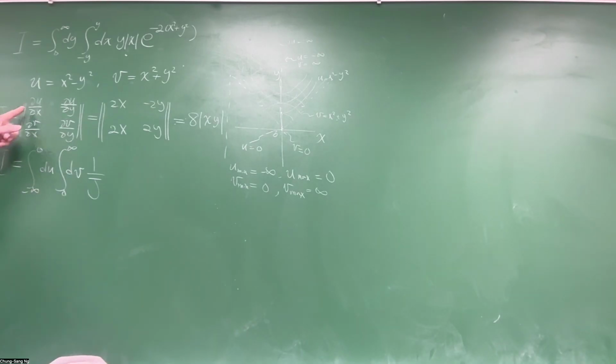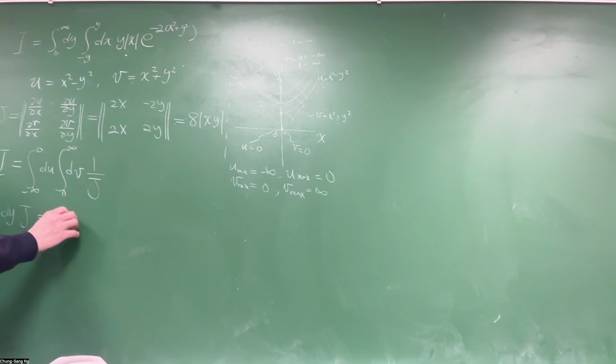So this Jacobian we define as this matrix, and we have the derivative of the new variables with respect to the old variables, right? And so you can say that dx dy multiplied by j would be equal to du dv.